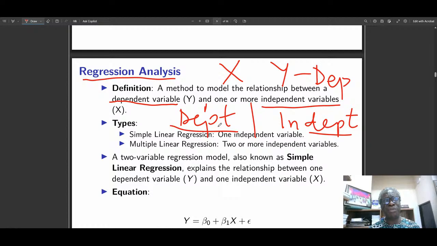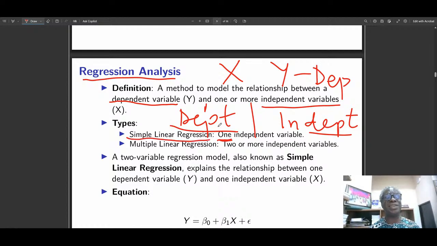When the number of independent variables is 1, then we say we are dealing with simple linear regression.